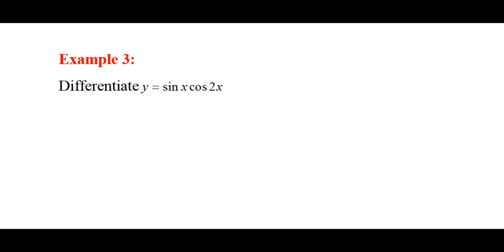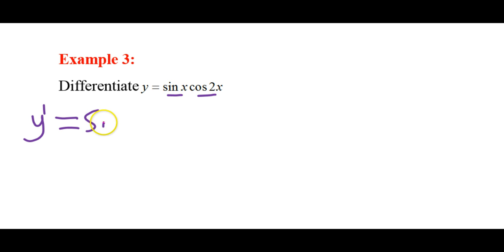I mean, chain rule, product rule, all those rules are applicable here. Whether the implicit function or whatsoever, you can apply all of them here. And here we are multiplying sine x times cos 2x. And so to differentiate, y prime will be equal to, and because it's sine x multiplying cos 2x, we can use the product rule here.